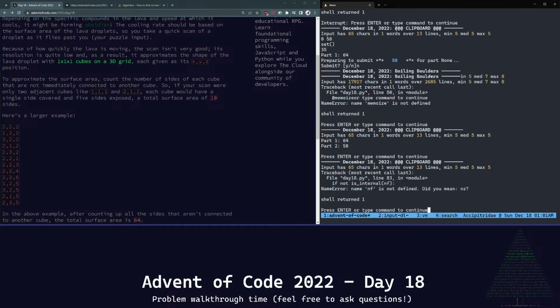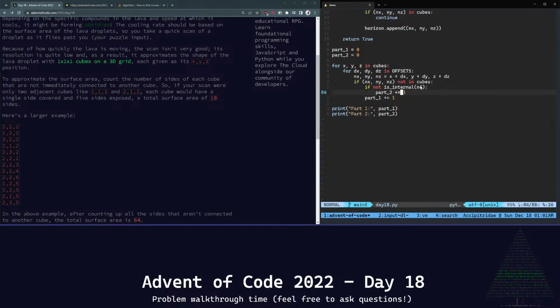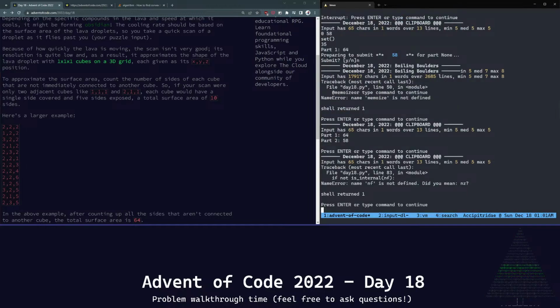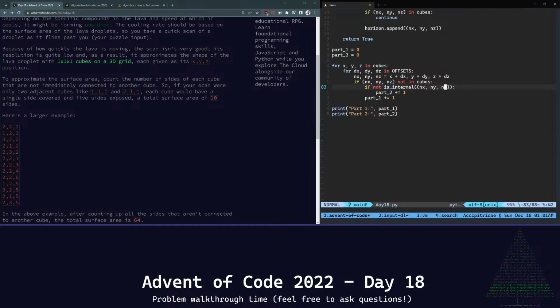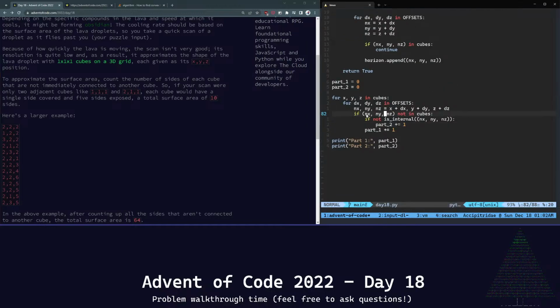Let me just make sure that this still does the right thing. Cool. Yeah. All we have to do is make sure that the next location that we're checking for the cube on that direction's face is not in our list of cubes.